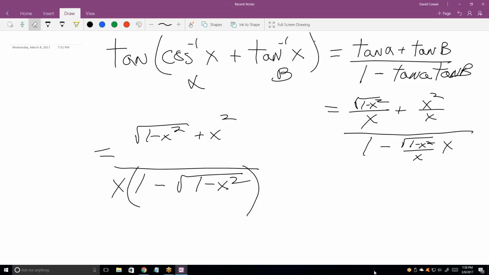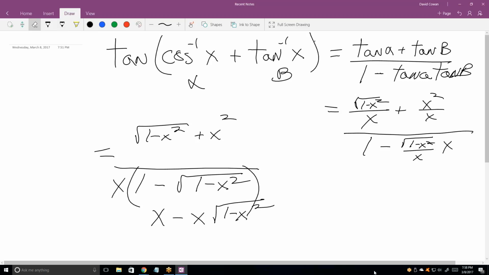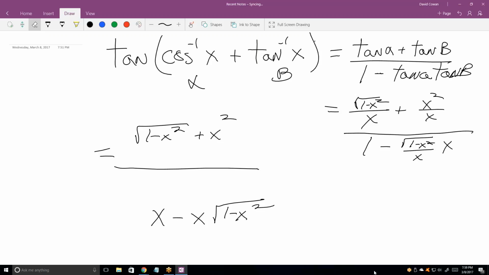And if I distribute this x in the bottom, it doesn't help. It becomes x minus x times 1 minus x squared, which doesn't match anything up here. If I erase that and use this instead, I can't do anything with it.